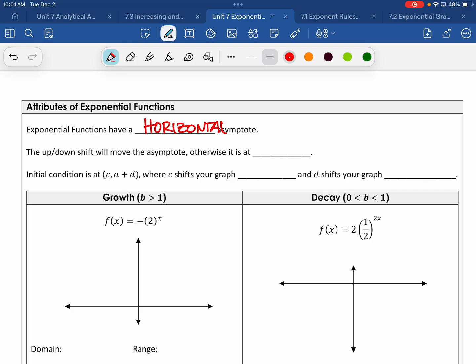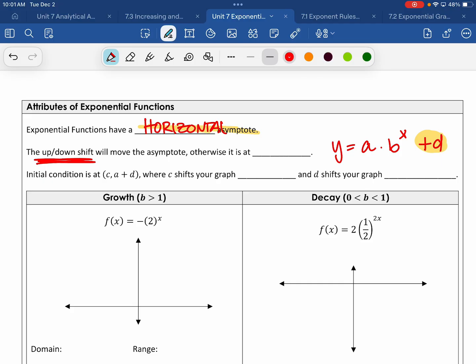Where is your up-down shift located in your function? Outside. So the up-down shift, on the outside, is going to be your horizontal asymptote. What this would look like is a times b to the x plus d, whatever's being added or subtracted on the outside is your horizontal asymptote.